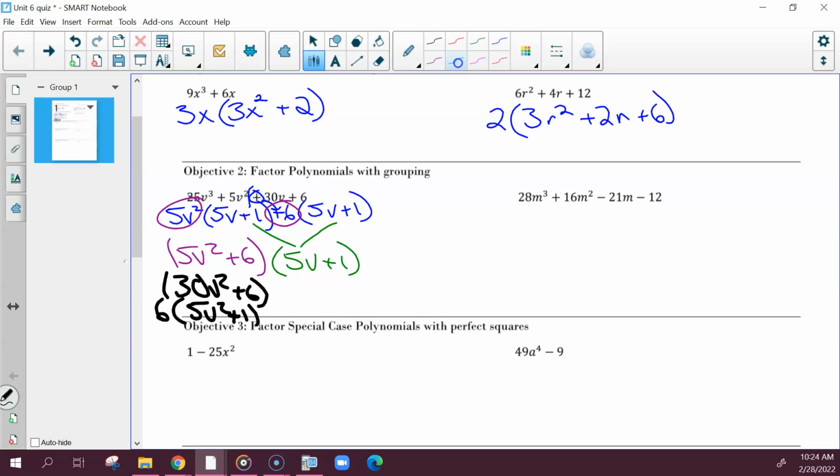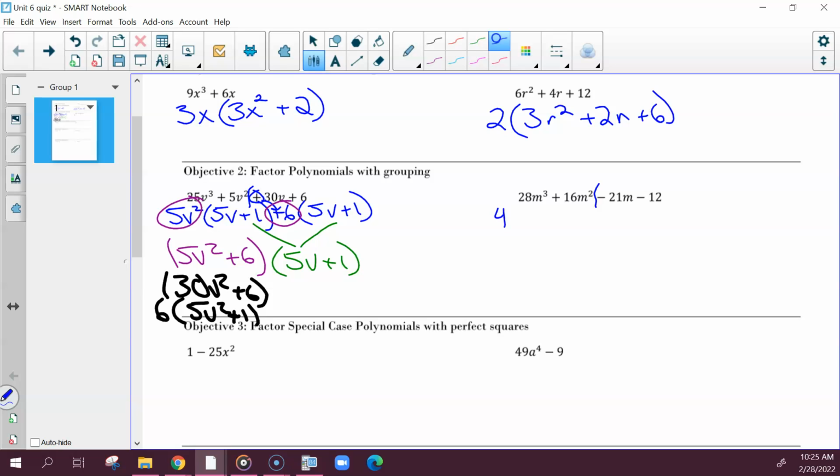Okay, let's do the second one. Same thing, split it down the middle. What could we divide out of the first two? 4 would work. I think that's the highest. Yeah.